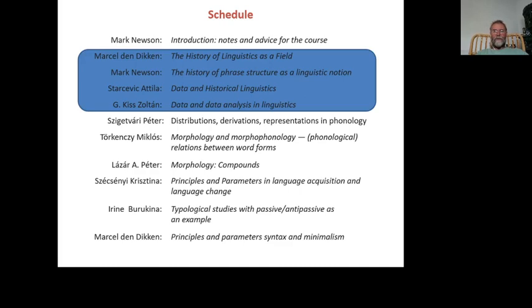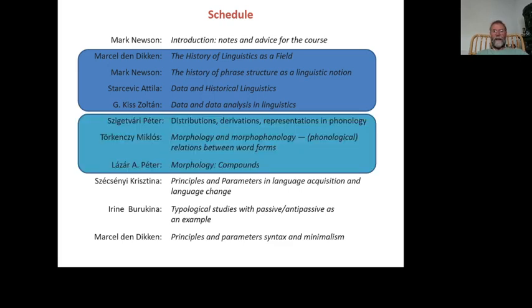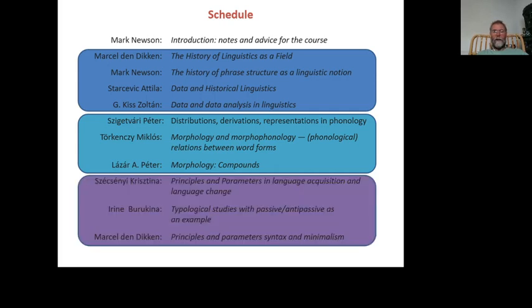The first section deals with preliminaries, basic background to the subject, including history of linguistics and topics of data analysis. The next section, which consists of 3 lectures, is more to do with phonology and morphology. And the final 3 topics are all to do with syntax.